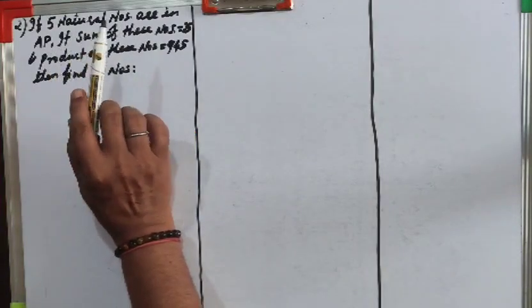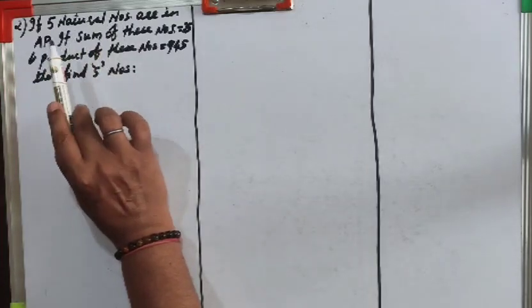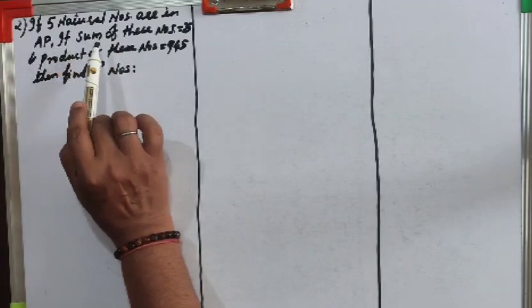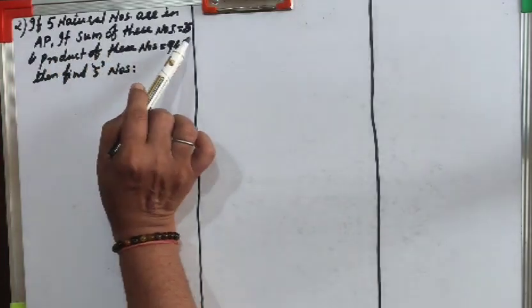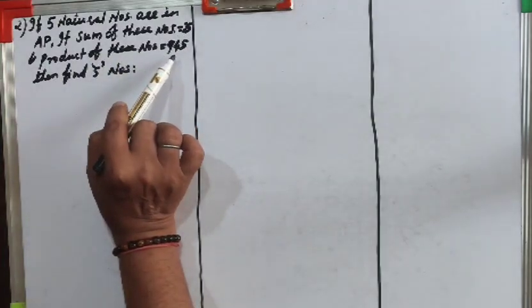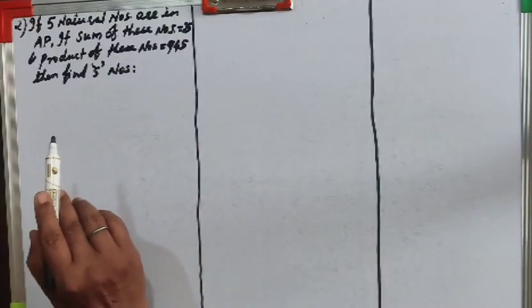I am reading this question clearly, please listen carefully. If five natural numbers are in AP, it is also given that the sum of these numbers is 25 and the product of these numbers is 945, then find all the five natural numbers.